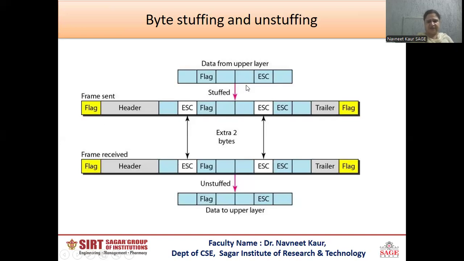In this example, we can see that the data has one flag byte and one ESC byte. That is, there are two 8-bit collections which are similar to the flag byte and the ESC byte. To distinguish this flag and ESC byte from the delimiters, one extra ESC byte is added before these 2 bytes.